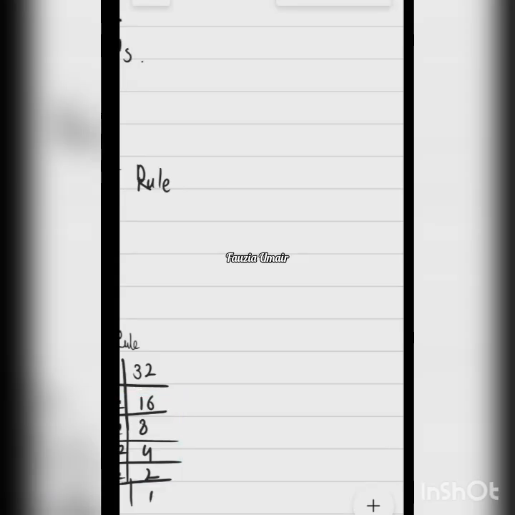So the third part of the same exercise, same question. Third part is x with the index 4 multiplied with x cube with index 4. So what would be the first step?